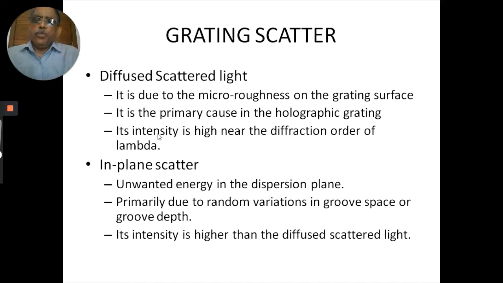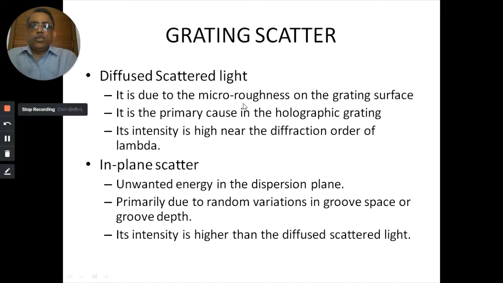When you use a grating, you also have a problem associated with it, which is scattering. Now there are two basic scatterings one would come across when you use the grating. One is called diffuse scattering, and it is basically due to the roughness of the surface of the grating.